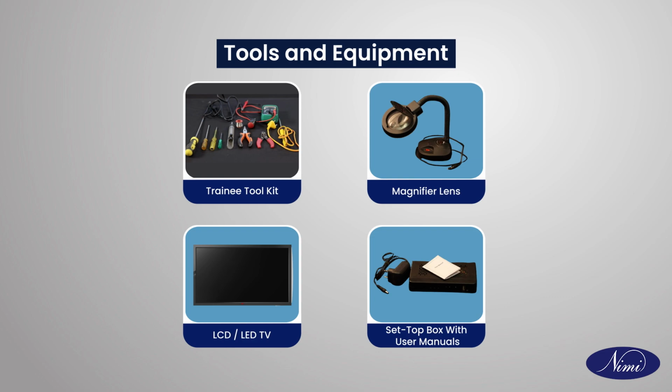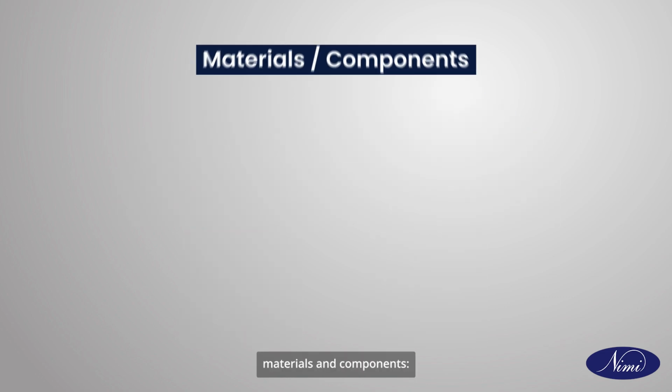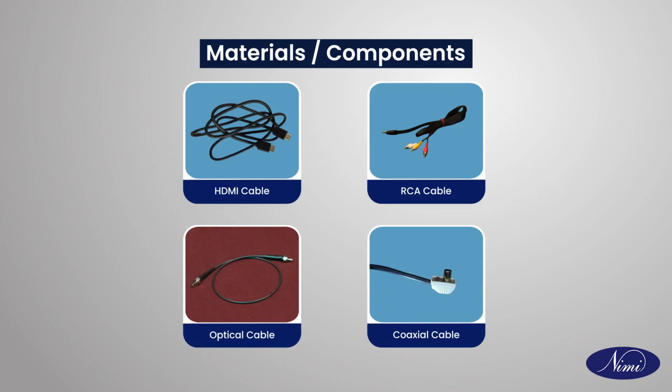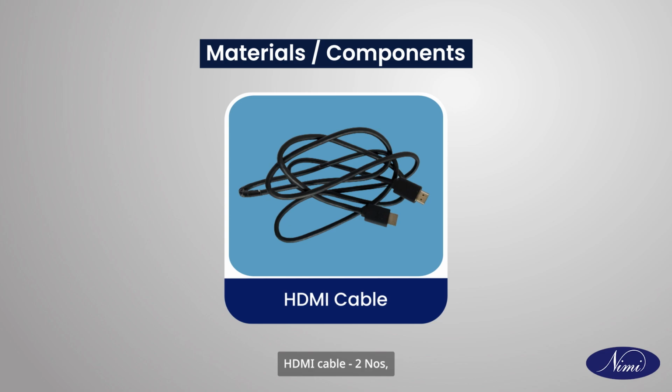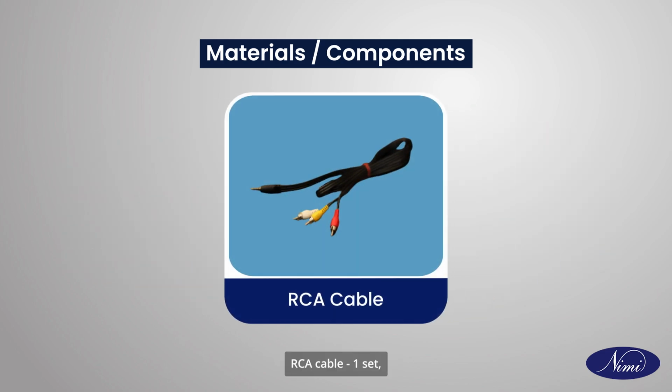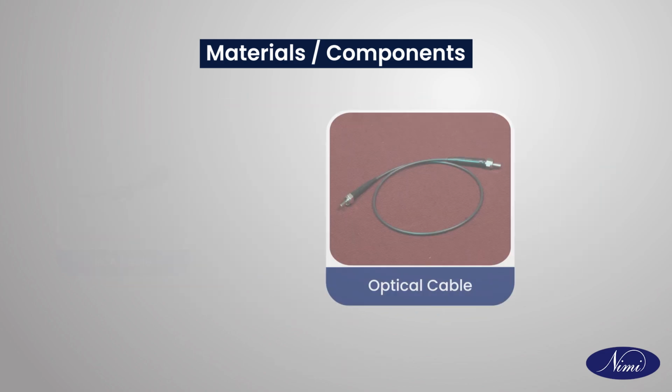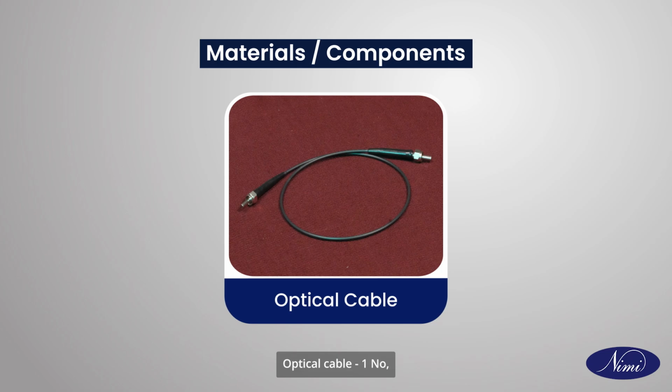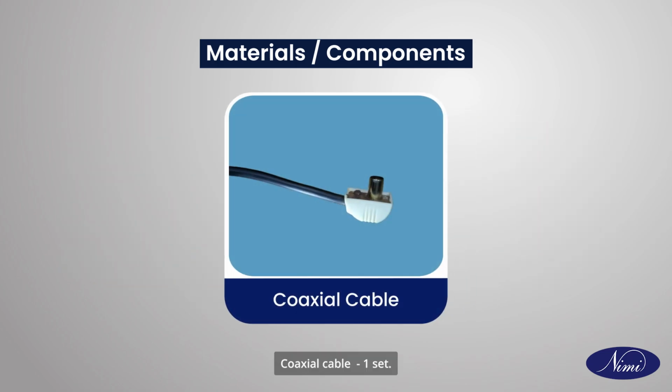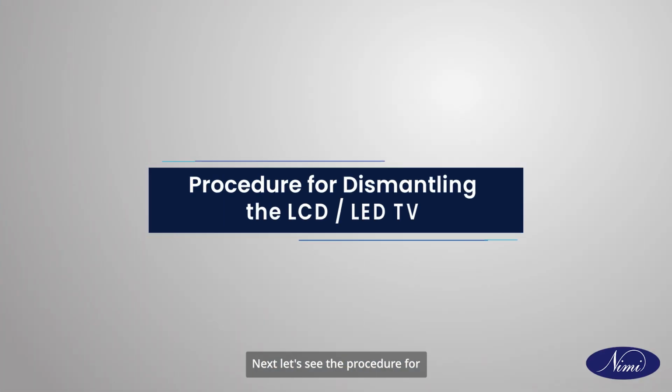We will need the following materials and components: HDMI cable, 2 numbers; RCA cable, 1 set; optical cable, 1 number; coaxial cable, 1 set.